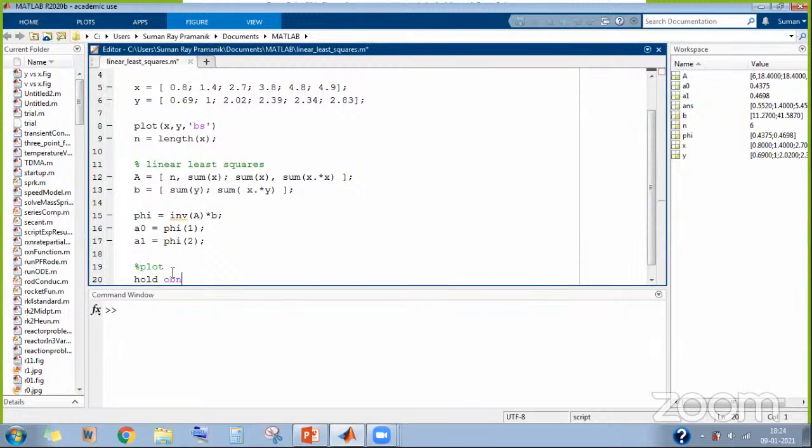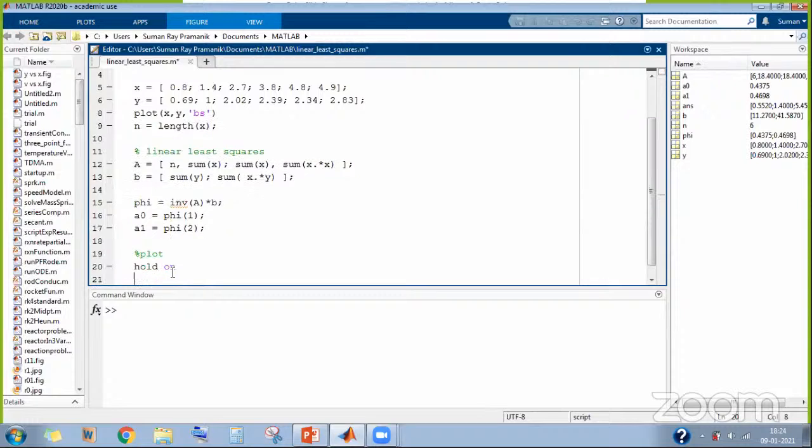So let us hold the earlier plot, because we want to fit a straight line above it. Let's say we will plot, let's say our first point is 0.5 and the second point is 5. In between this range, I want to see a straight line. So sorry, 5.